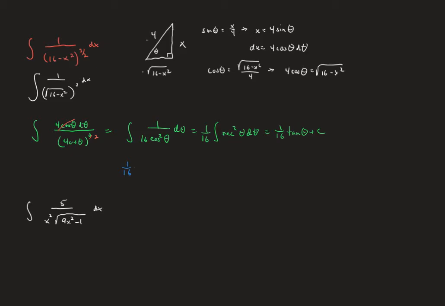So that's going to be x over the square root of 16 minus x squared. So at the end of the day, it looks like we're going to get x over 16 times the square root of 16 minus x squared plus c.